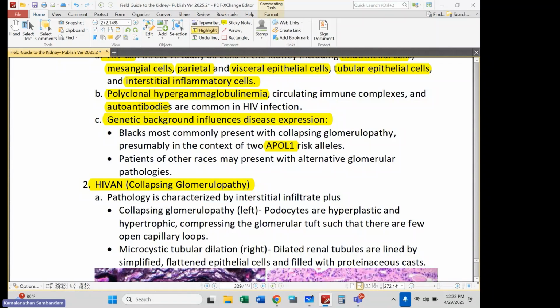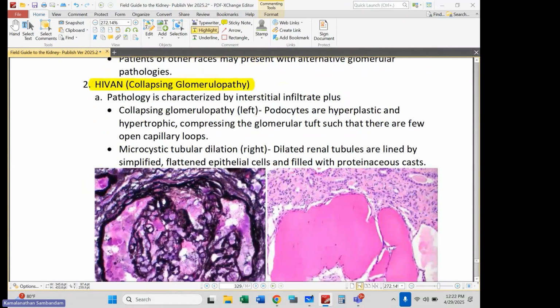Now let's talk about HIV-associated collapsing glomerulopathy, also called HIVAN. Again, this does have this distinctive interstitial infiltrate, once again highlighting the involvement of HIV in the pathogenesis through effects on all components of the nephron, including tubules and infiltrating interstitial lymphocytes. And then you'll have the collapsing glomerulopathy.